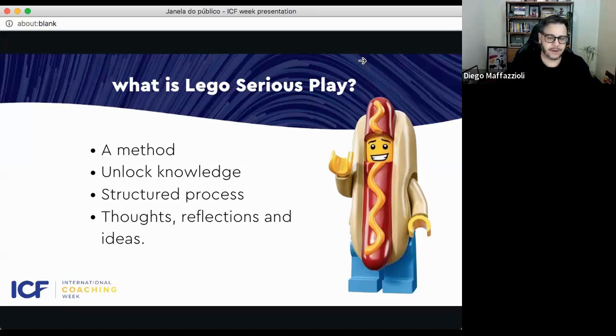We have 3 steps, and I will talk more about that in the next moments. The method has the power to uncover thoughts, promote reflections, and give the opportunity to create ideas for complex problems or challenges of the persons, inside of companies, or like us, as coaches, to develop professional skills or competencies, okay? It's important to say that, like Valesca, psychologists can use this for personal development.